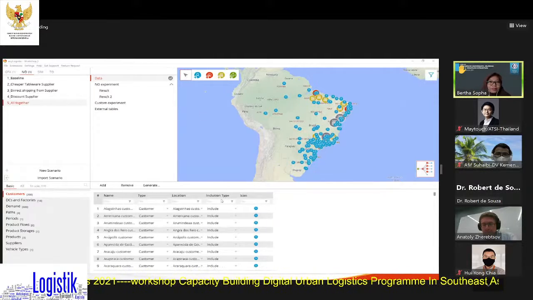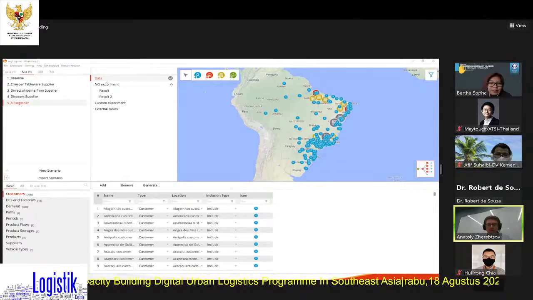We have an interface just to enable the users to put in the inputs for the optimization, then AnyLogistix does the optimization, and the users can do some experimentation because the result from the optimization can be sent back to the users through the website. So would it be possible for AnyLogistix to do that?